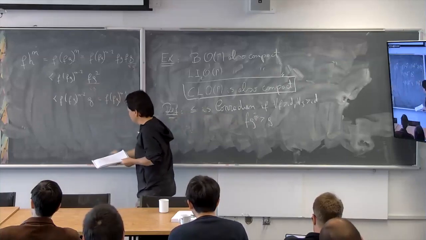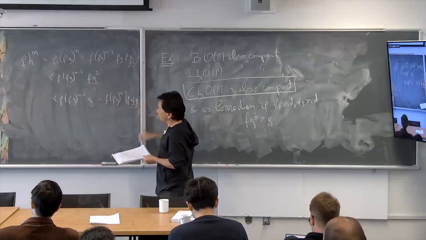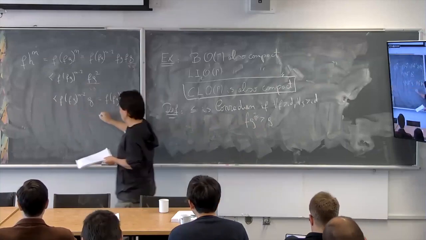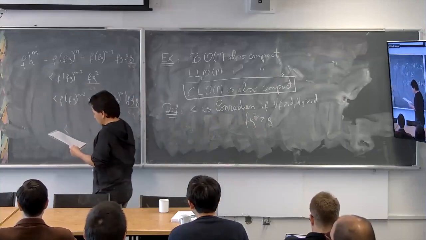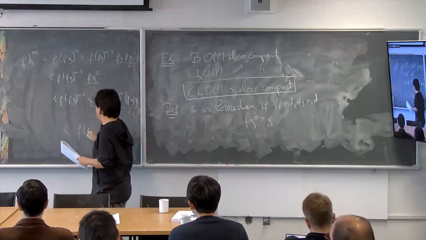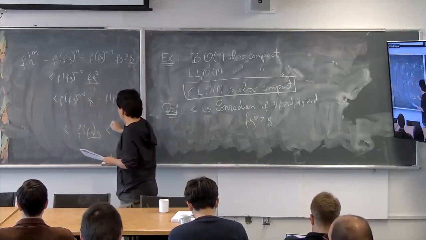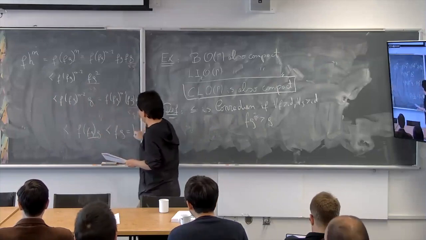And again, this is fg to the square, which is smaller than g, and so on. So at the end, I will get that this is smaller or equal than fg g, which is again smaller than fg, which is fg.